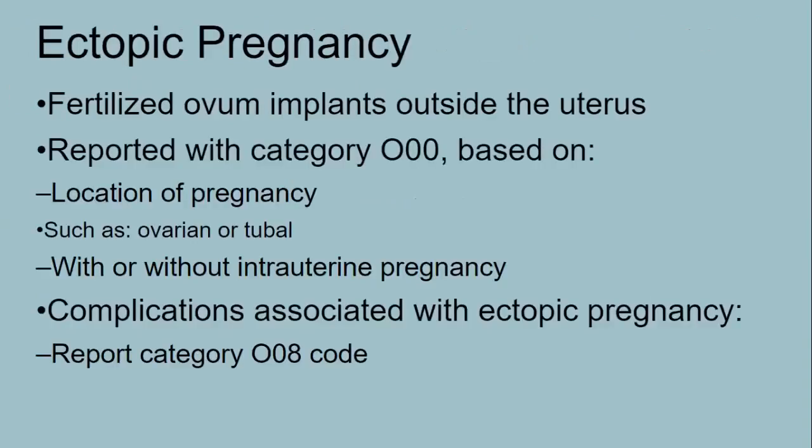Ectopic pregnancy. A fertilized ovum implants outside the uterus. It's reported with category O00 based on location of the pregnancy, such as ovarian or tubal, with or without intrauterine pregnancy. Complications associated with ectopic pregnancy, you're going to report category O08 codes.